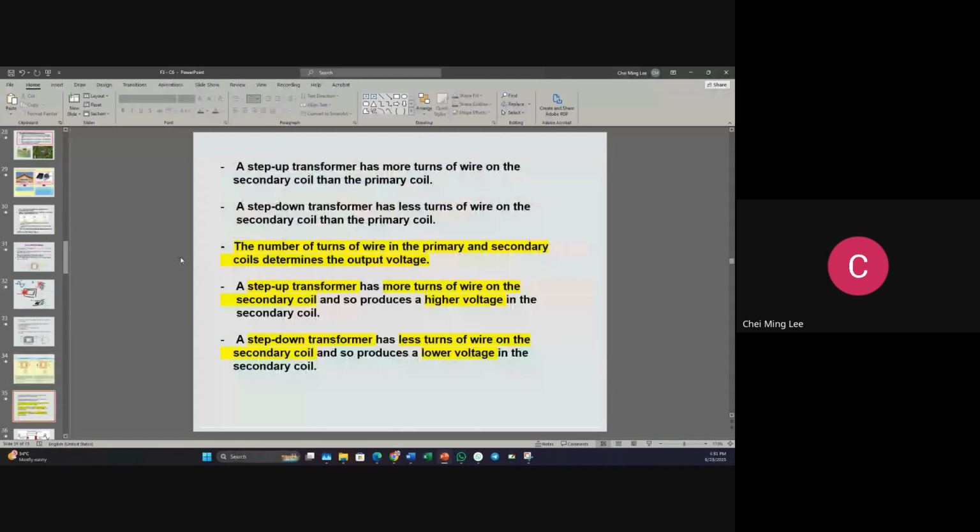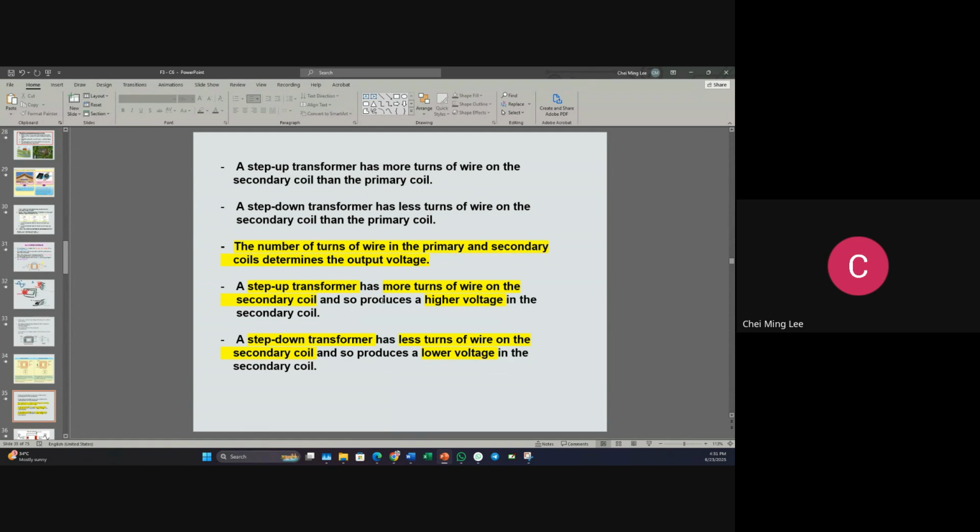All right, now let's see. A step-up transformer has more turns of wire on the secondary coil than the primary coil, while a step-down transformer has fewer turns of wire on the secondary coil than the primary coil, like we said. The numbers of turns of wire in the primary and secondary coils determine the output voltage.